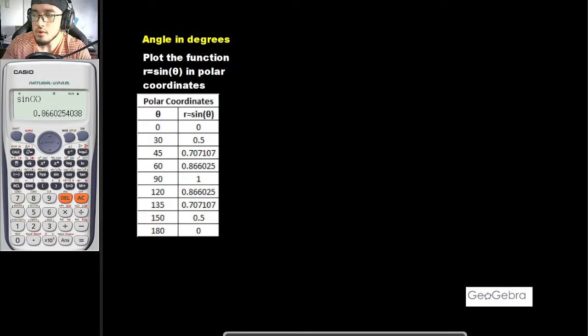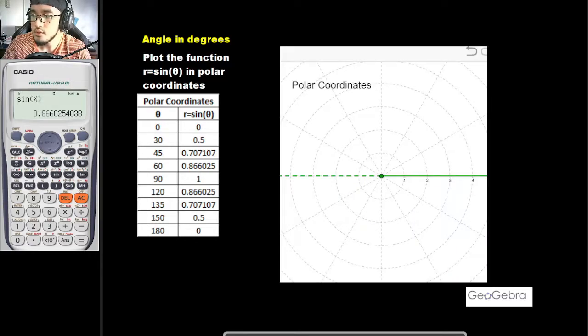If we are to plot this in a polar graph, let's say that this is your polar coordinate. As you can see, your value for r is equal to 0 when theta is equal to 0. So at this point, our value is 0. But what is the value of your r when theta is equal to 30 degrees? At this point, that is 0.5.